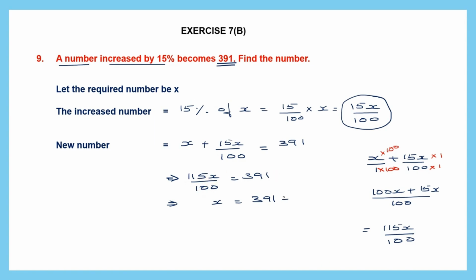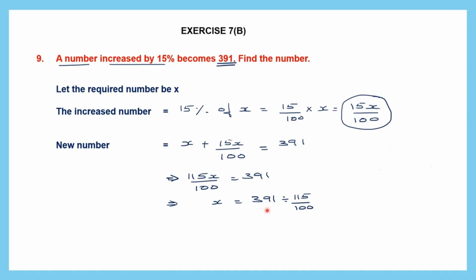So this is divided by 115 by 100. So here now this has become division of fractions, and we know how to do division of fractions. We change it to multiplication and write the reciprocal. So this becomes x is equal to 391 into 100 by 115.